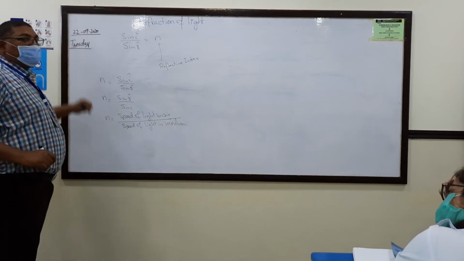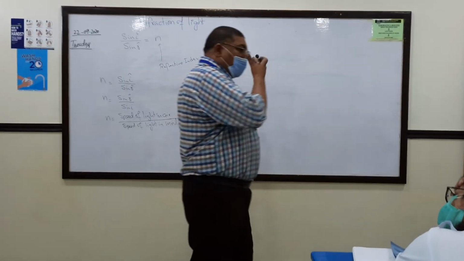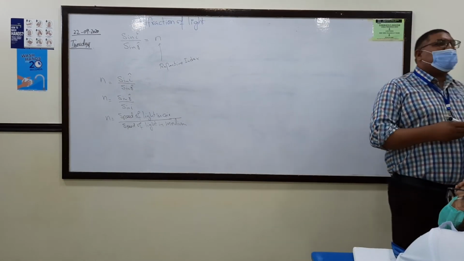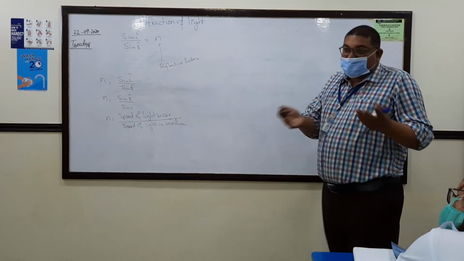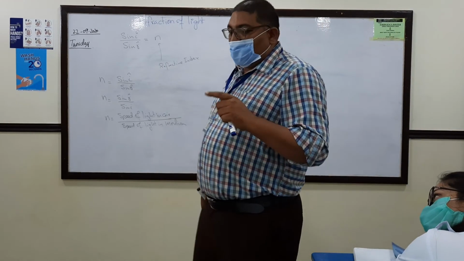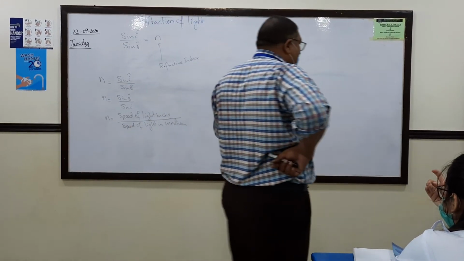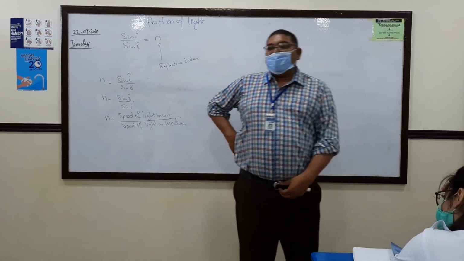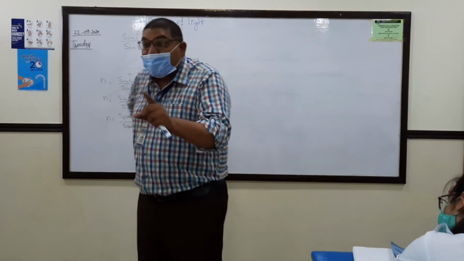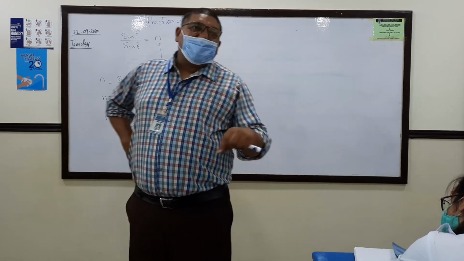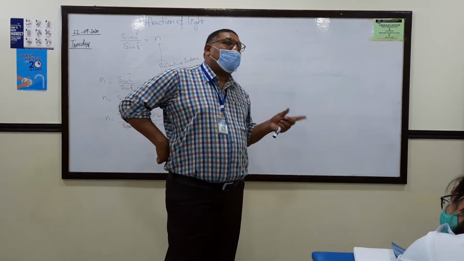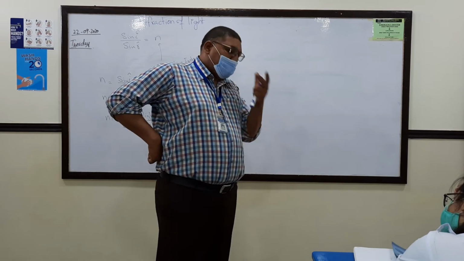For example, if you want to calculate the refractive index of some particular glass, you will calculate the speed of light in this glass. Then you divide the speed of light in air by the speed of light in that glass, and that gives you the refractive index of that glass.